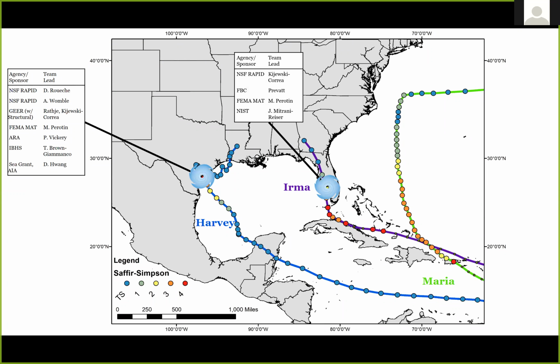And then for Irma, similar with the NSF Rapid, FEC, FEMA MAT, NIST, and then Maria as well. Several teams that have gone out. So there's a lot of data that's being collected. There's a lot of teams that are going out, and it's very important that, one, we're able to coordinate with each other and avoid too much overlap in the data that we're collecting, and collect a more complete data set.